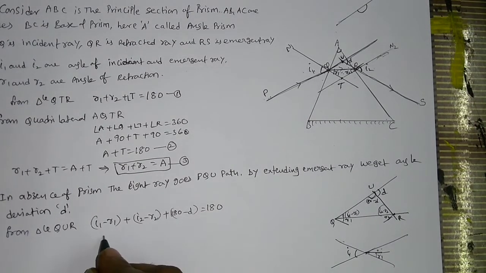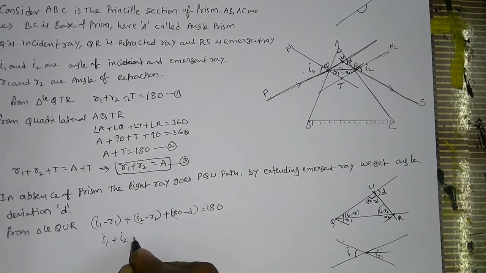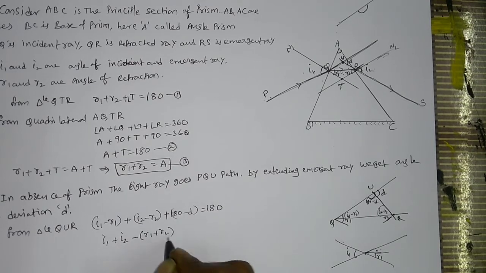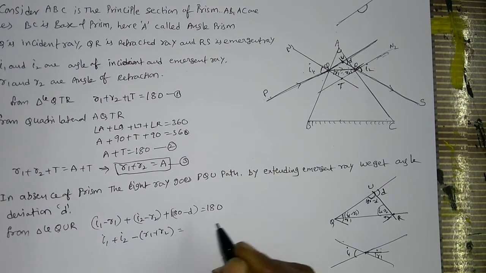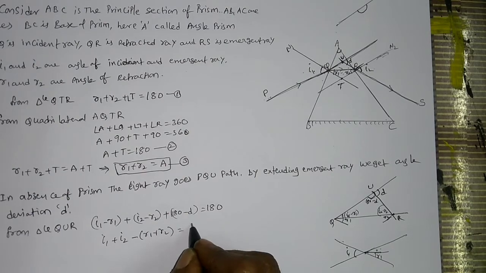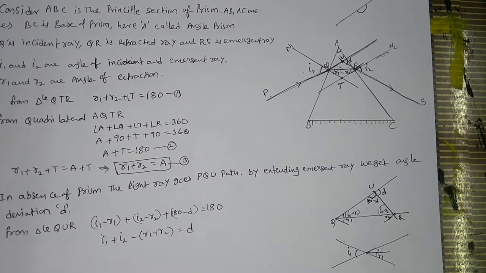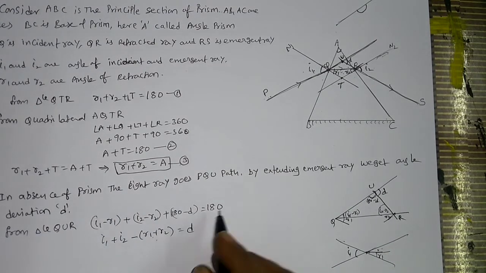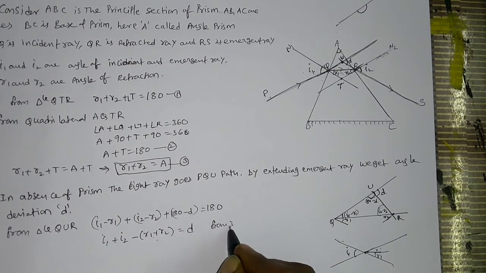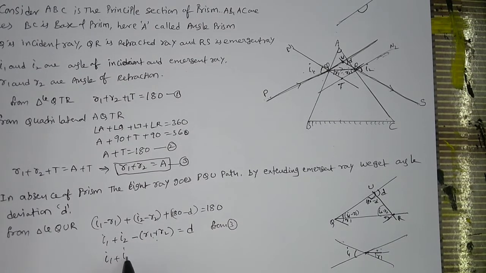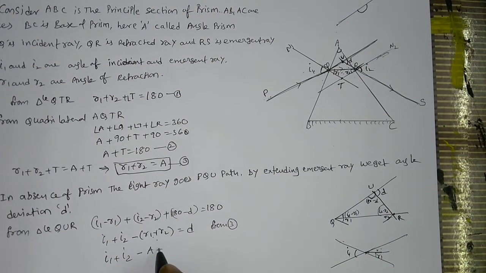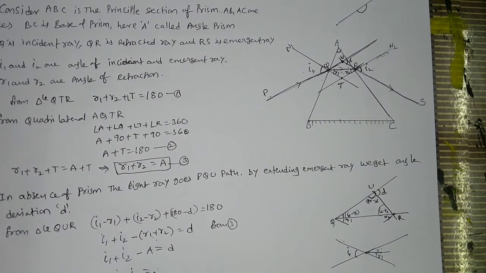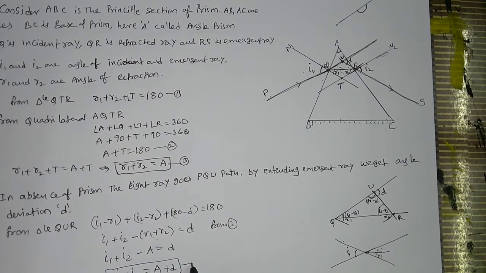Now simplification: I1 plus I2 minus (R1 plus R2) is equal to 180 gone, so small d will be there. But from equation 3, R1 plus R2 is equal to A. That means from 3, I can write I1 plus I2 minus A is equal to D. Or simply I1 plus I2 is equal to A plus D. Keep in mind, this is equation number 4.